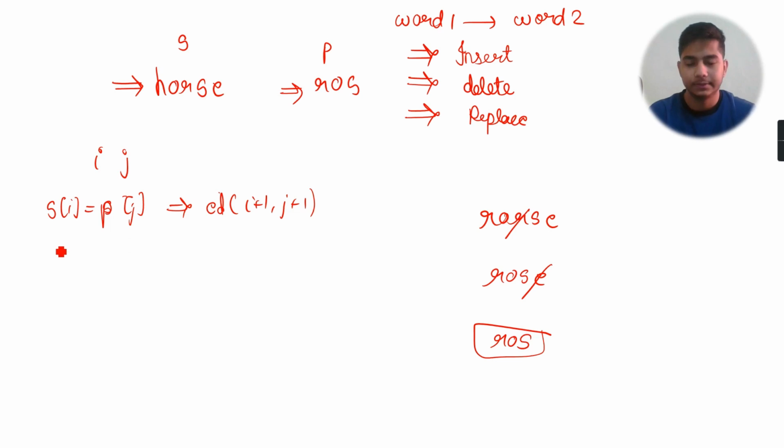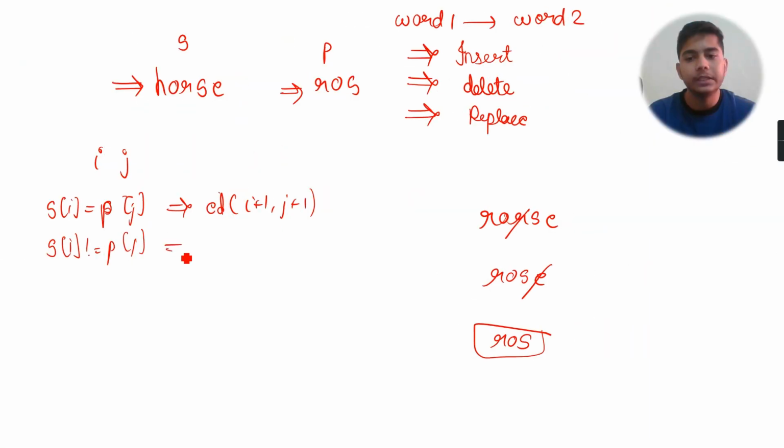Else, if they are not equal, then with the human brain we know that we have to do this, this, this, but these are the three things that we have to perform, and out of them we have to find what will be the most beneficial for us, right? This is the only way we have to go.